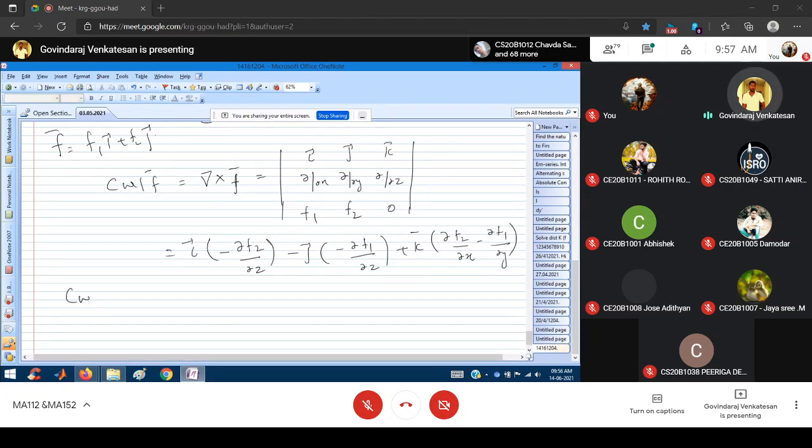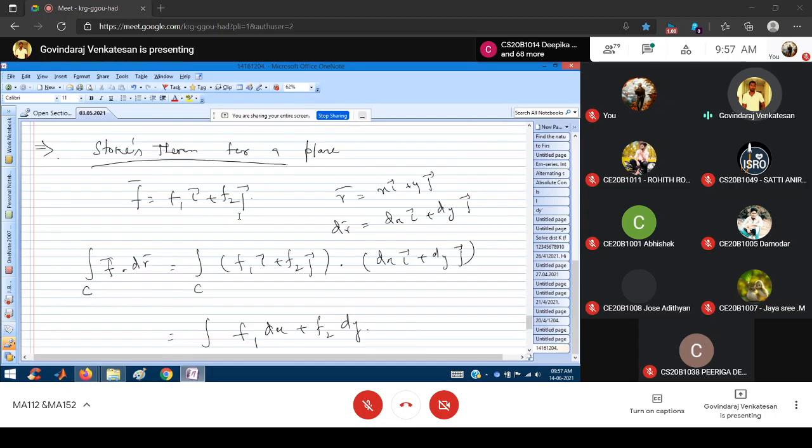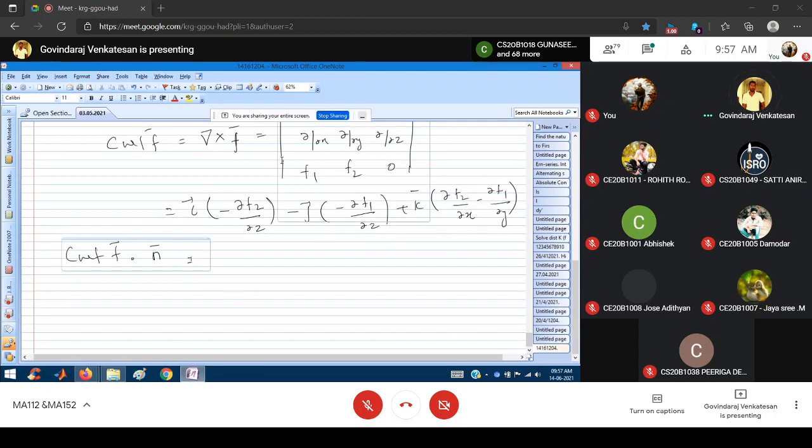And also you have to take this curl f dot product with the normal vector n. What is the normal vector for the plane, suppose your plane is the xy plane? What is the unit outward normal vector for the xy plane? K cap.